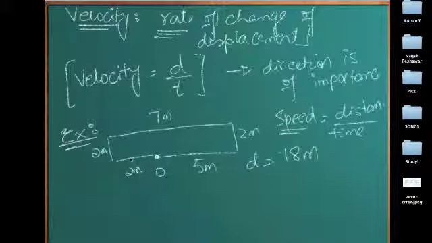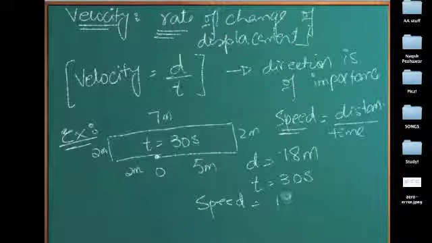And I tell you that you travel this distance in a time of 30 seconds, for example. So the speed would be 18 over 30, which makes it 9 over 15 meters per second. You can just take the decimal value. I don't have a calculator here with me, so I'm just leaving it as the fraction.